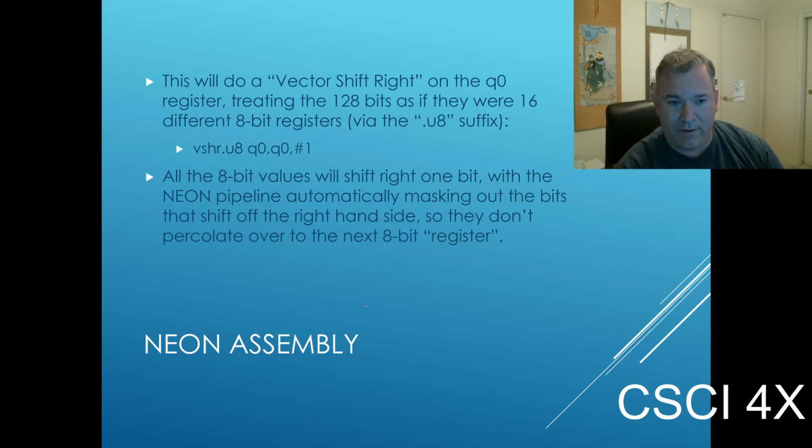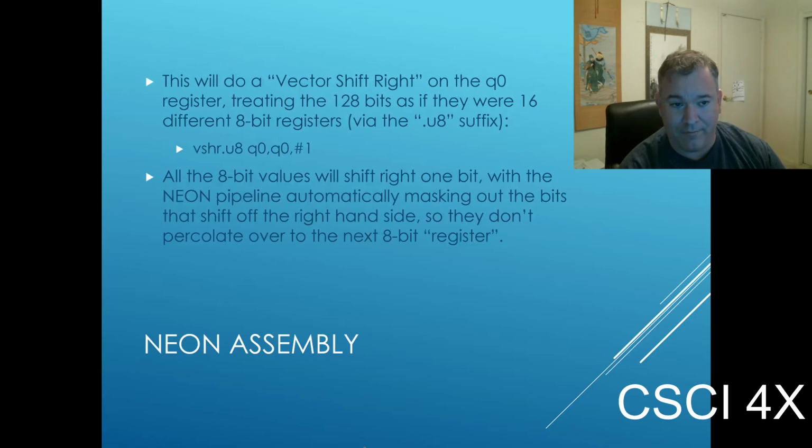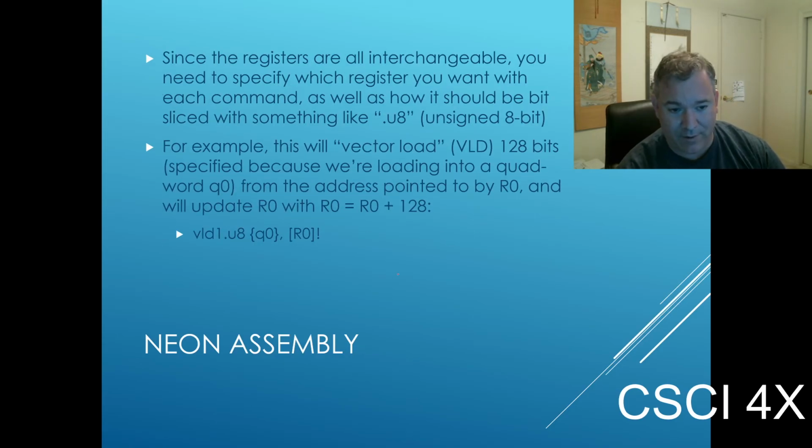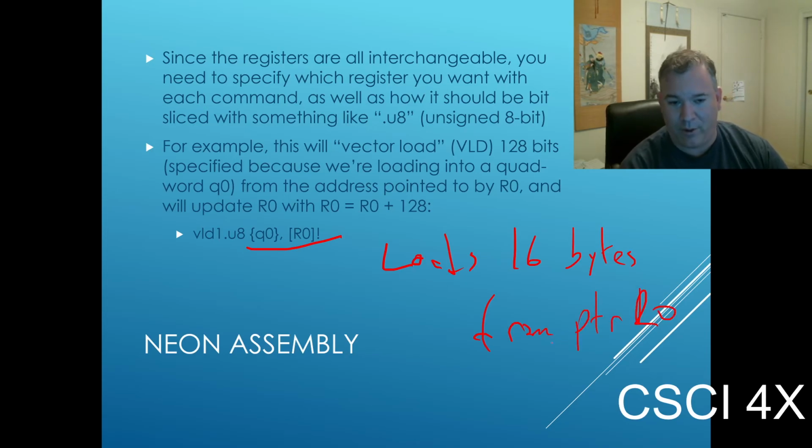So let's say you wanted to divide everything by 2. Let's say that you wanted to do an image darken. What you could do is load 128 bits. This loads 16 bytes from the pointer held in R0. And then the pointer moves to the right. But we've loaded 16 different RGB values into Q0. Let's say we want to divide them all by 2.